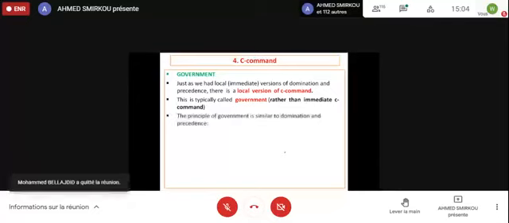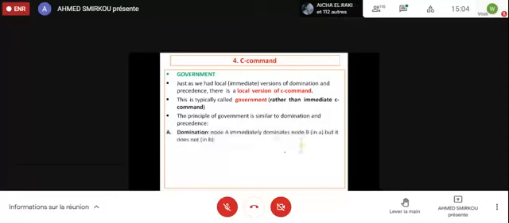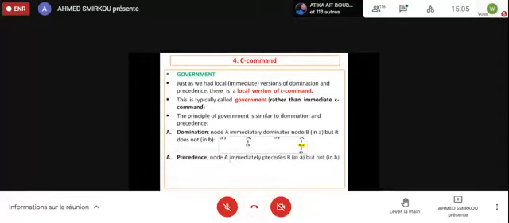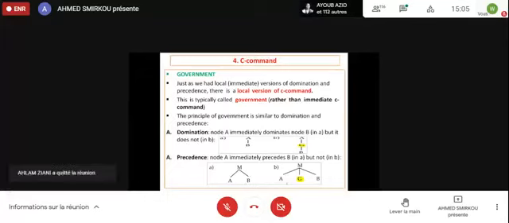So the principle of government is similar to domination and precedence. In domination, node A immediately dominates node B here, but here node A dominates node B, but not immediately, only exhaustively. Again with precedence, node A immediately precedes B here, and here A precedes B, but not immediately.